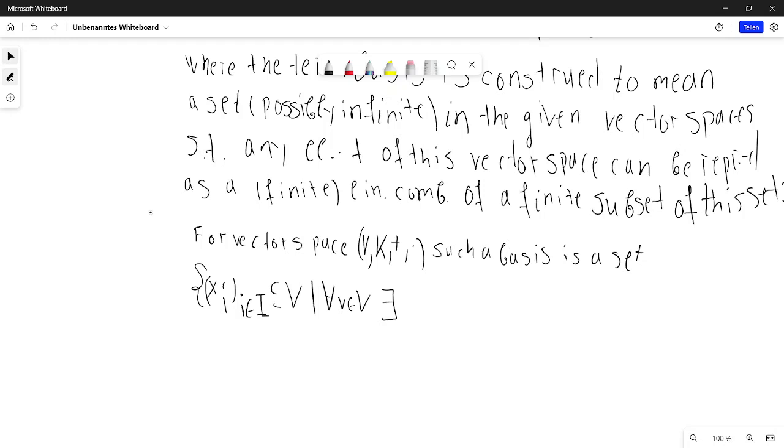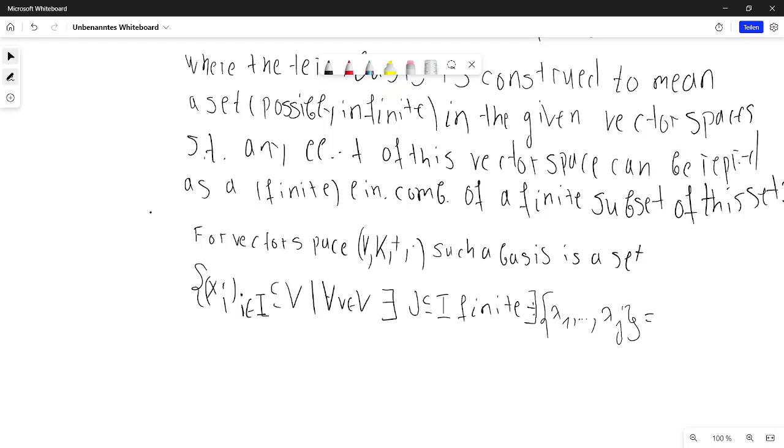there exists J, a finite subset of I, with the property that there exist lambda 1 up to lambda J. We said that it is a finite set, right?